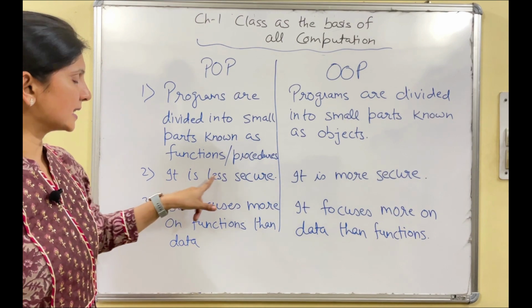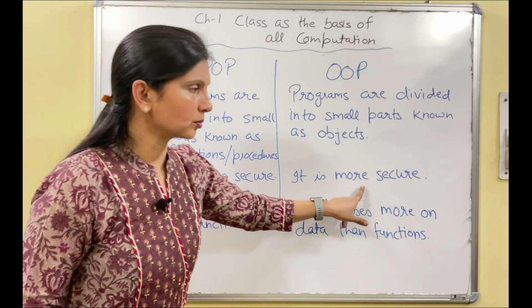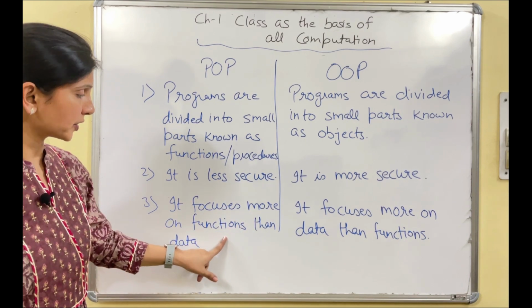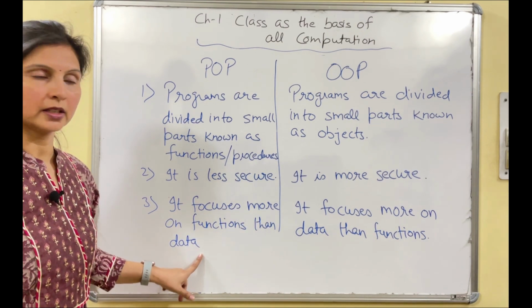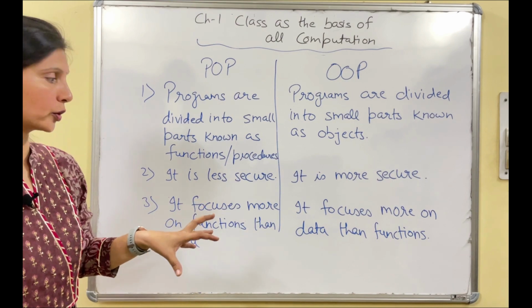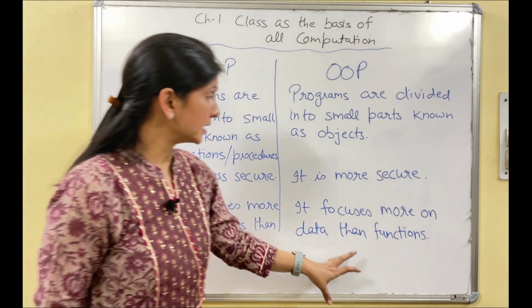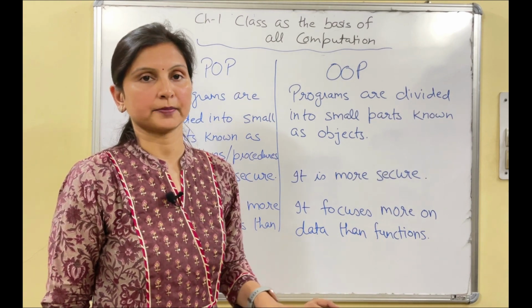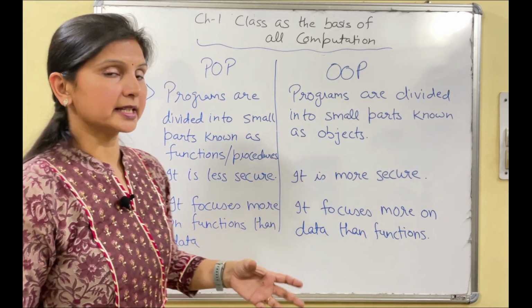Second, POP is less secure, OOP is more secure. Third, in POP it focuses more on functions than data, but in OOP it focuses more on data than functions. So these are a few differences.